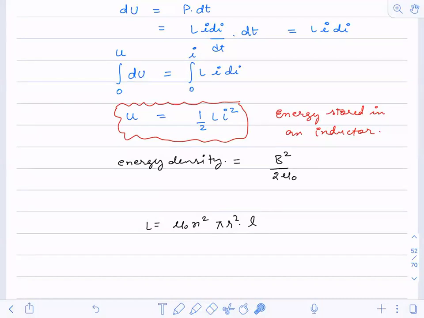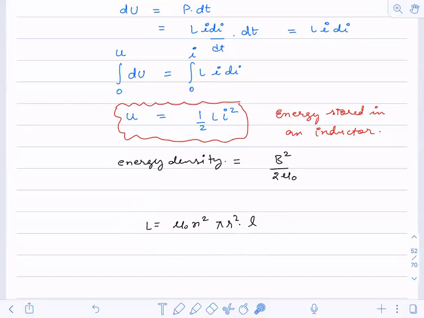If you are not able to do that, you will get this in the NCERT example. That's why I have not derived this. You are just supposed to substitute this value of L here.